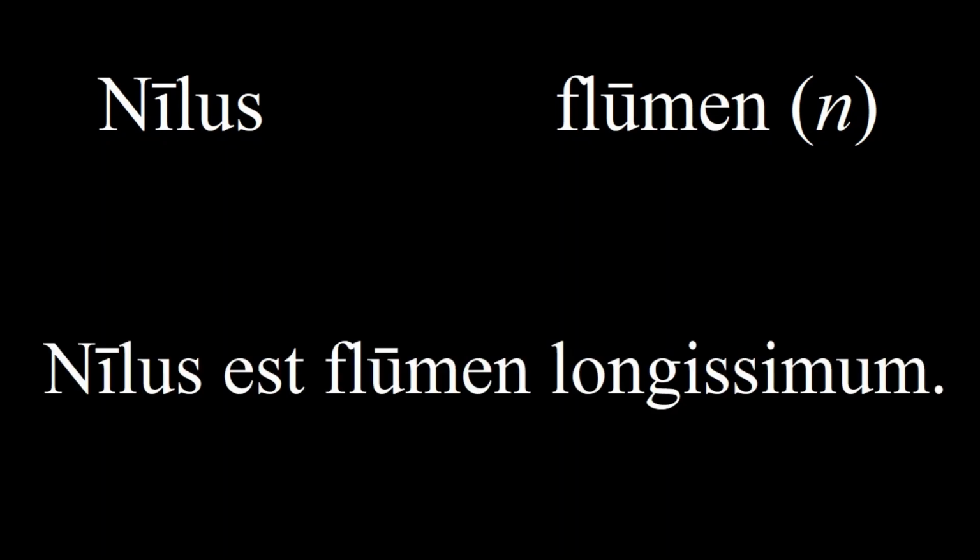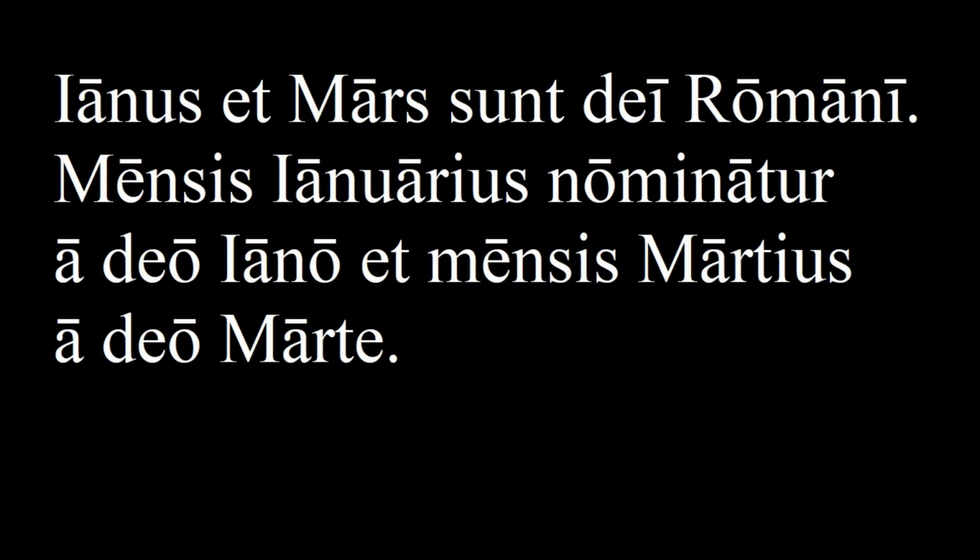Let's say now that the Nile, Nilus, is the longest river, flumen, which is a neuter noun. Nilus est flumen longissimum. Next we have Janus et Mars sunt Dei Romani. Mensis Januarius nominatur a Deo Jano et mensis Martius a Deo Marte.